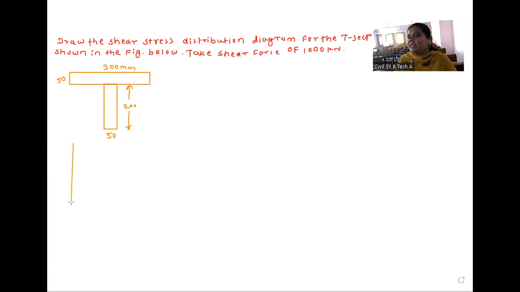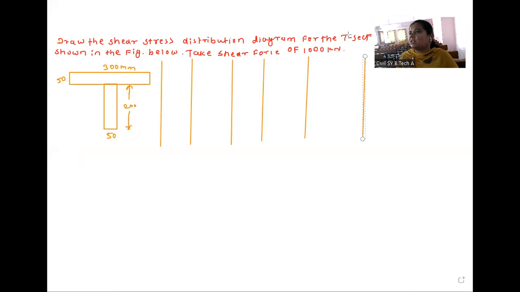The first parameter is related to the section, the second is the area of that particular section. After that, yi, that is y bar for that particular section. The next parameter is ai yi, next is ai yi square, and the last one is the I self of that particular section.